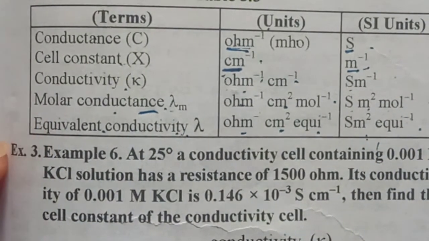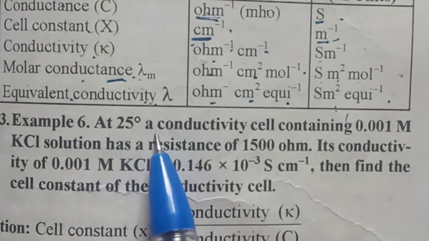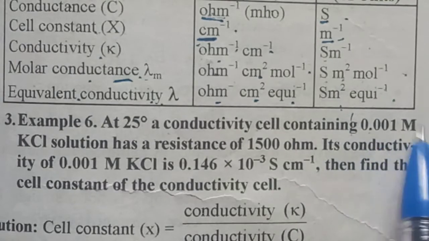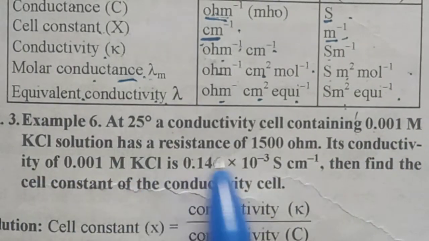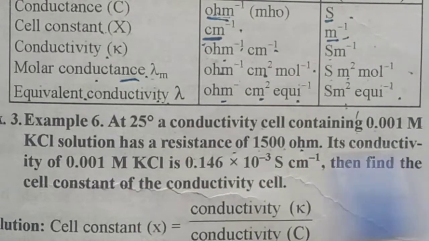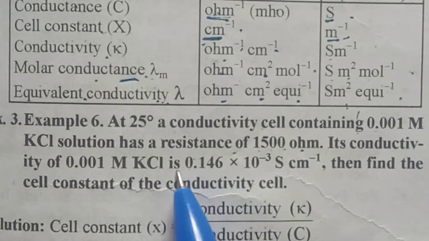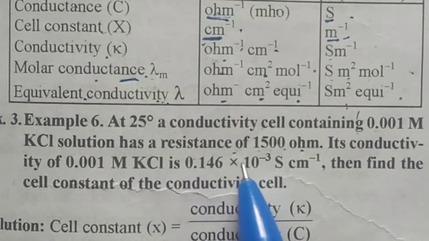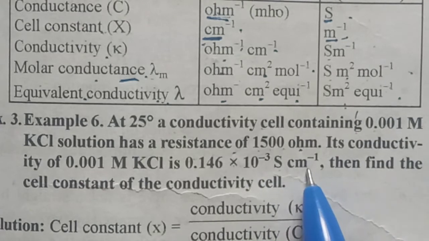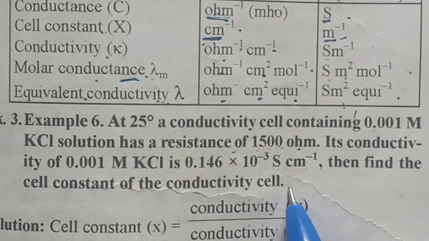See one example of this type. At 25 degrees Celsius, a conductivity cell containing 0.001 M KCl solution has a resistance of 1500 ohm. The conductivity of 0.001 M KCl is 0.146 into 10 to the power minus 3 Siemens centimeter inverse. Then find the cell constant of the conductivity cell.